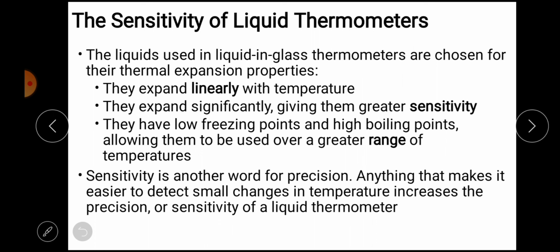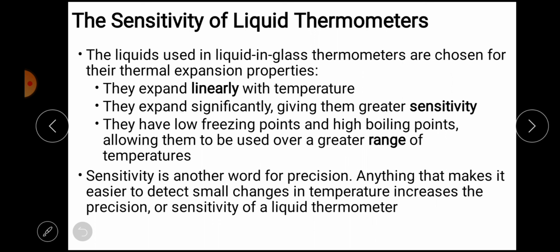Mercury is a metal and expands more because metals are good conductors of heat, so they expand significantly. And sometimes you use alcohol. They have a low freezing point and a high boiling point, allowing them to be used over a greater range of temperatures.